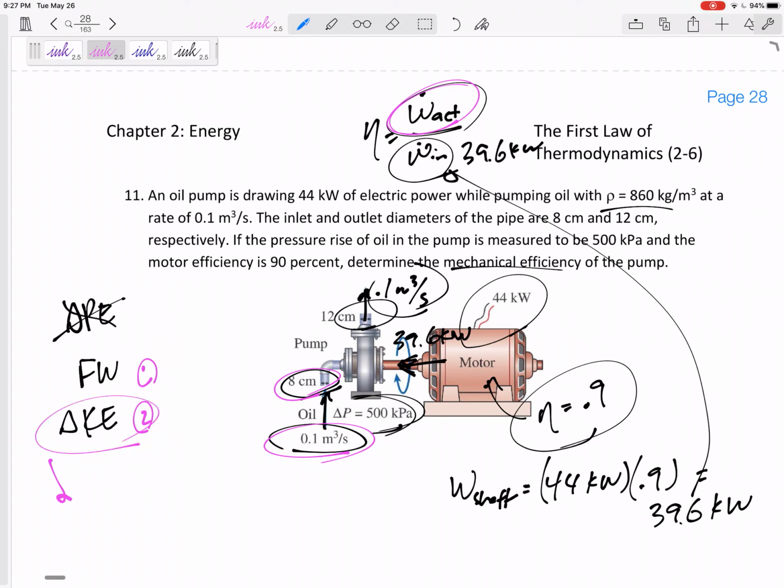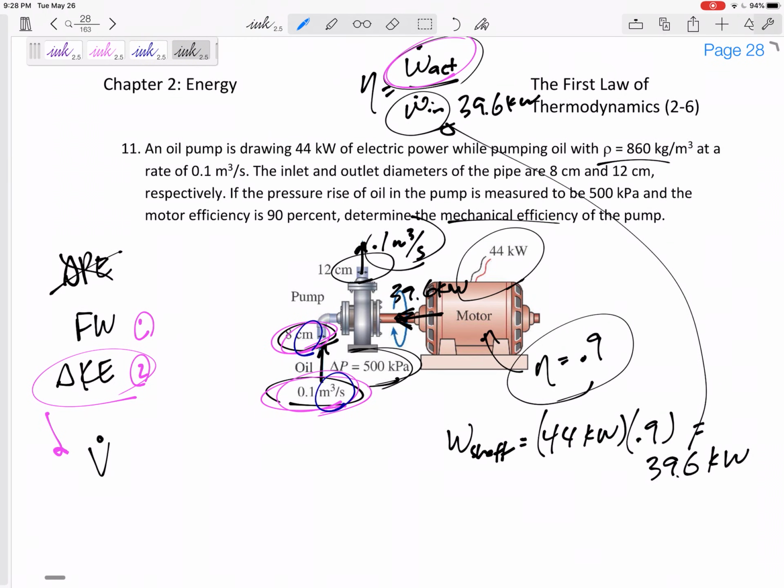All right, let's try to figure this out. Can we figure out the velocity at the inlet if we know the volume at the inlet and the size of the inlet? Now I could really just do a little figuring out these units to help me out here. But an equation that would be helpful to have on our formula sheet is that the volumetric flow rate is velocity times area.